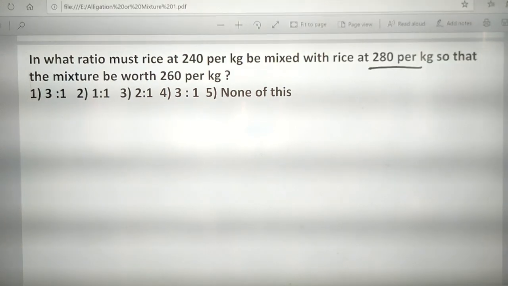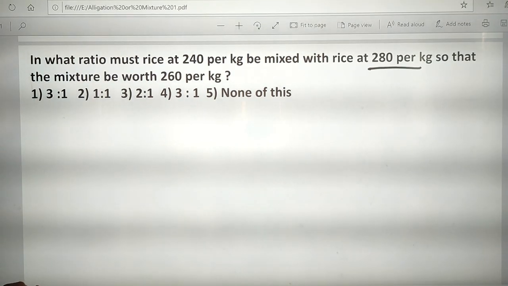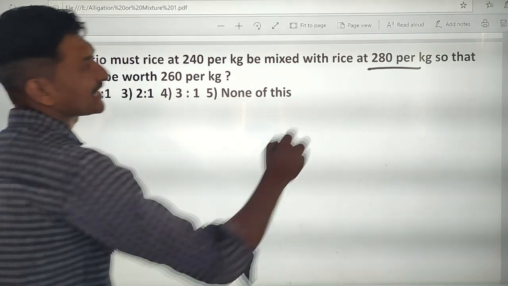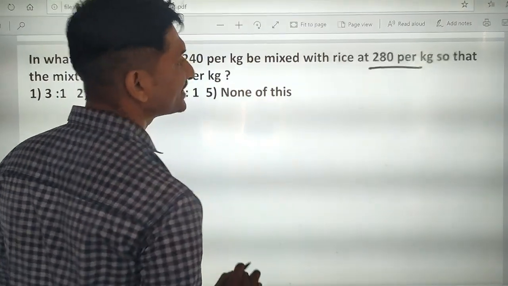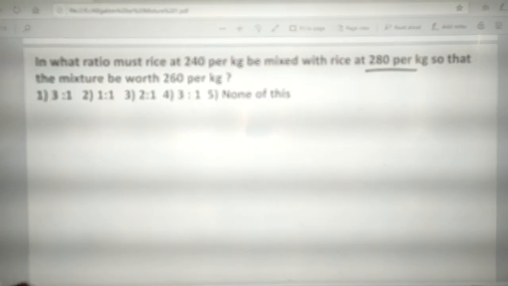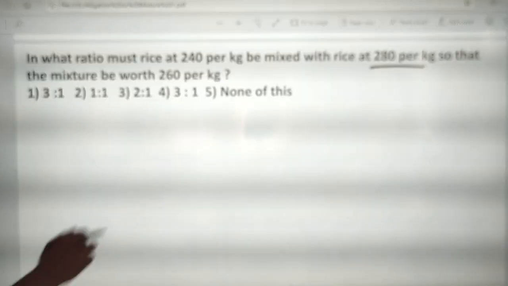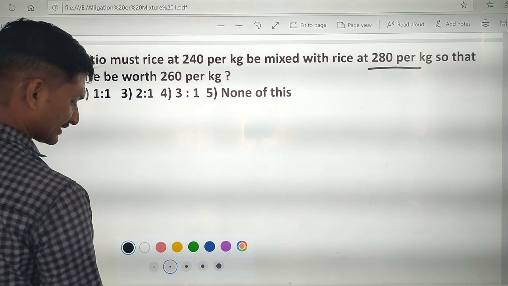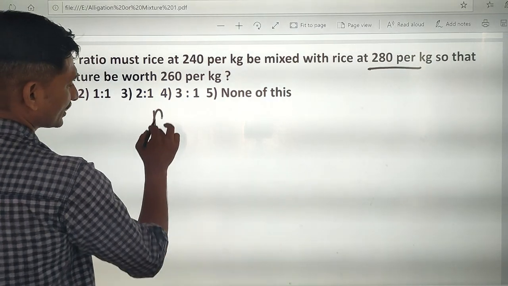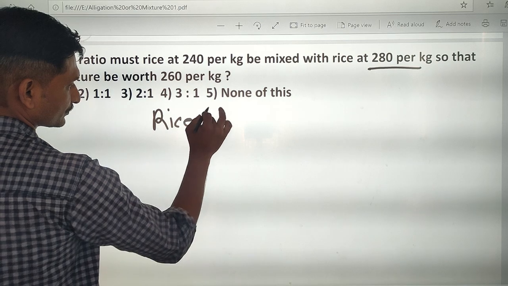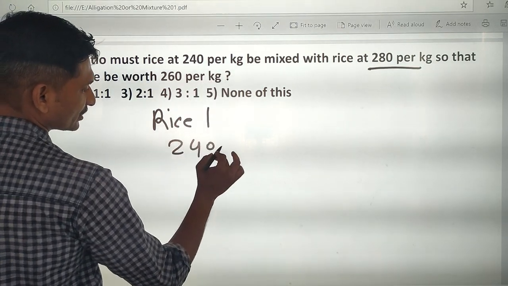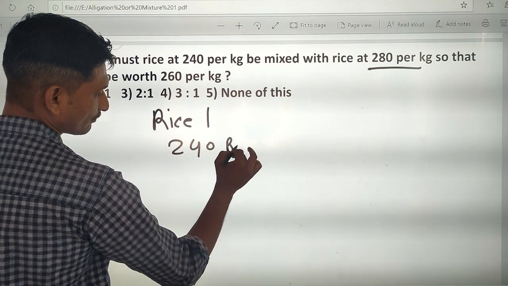Here, in what ratio must rice at 240 per kg be mixed with rice at 280 per kg so that the mixture be worth 260 per kg? Here two types of rice. Rice 1 price is 240 rupees per kg.